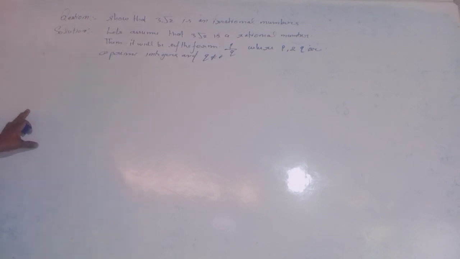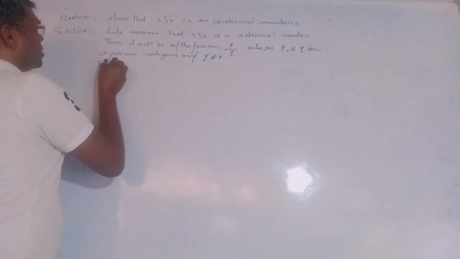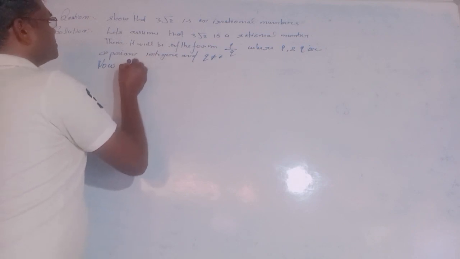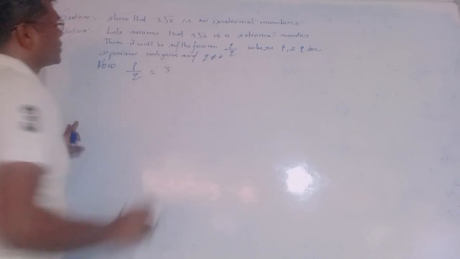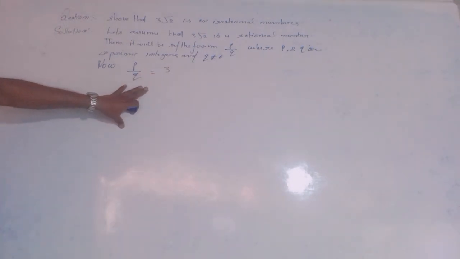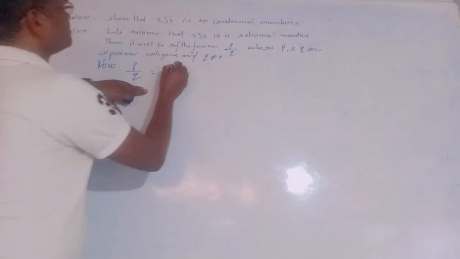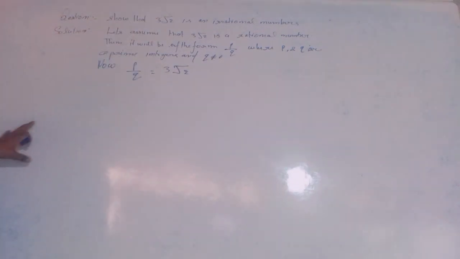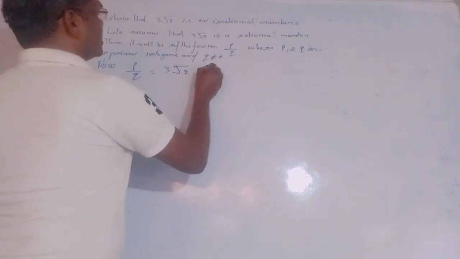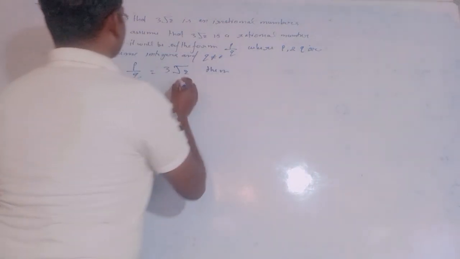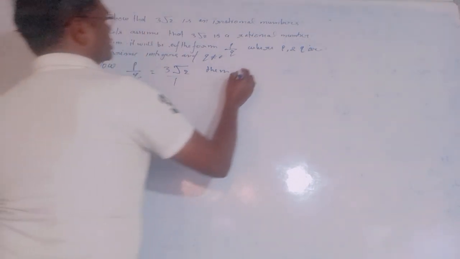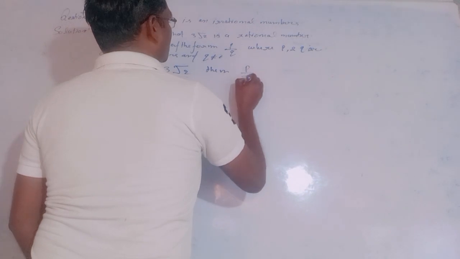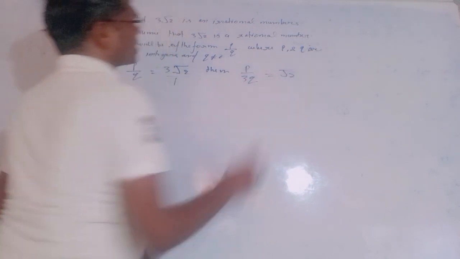Now p by q is equal to 3 root 2. Then p by 3q is equal to root 2. Got it?